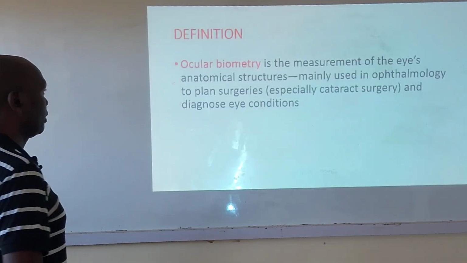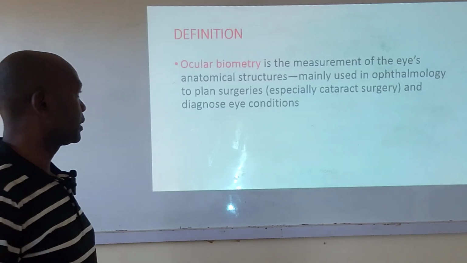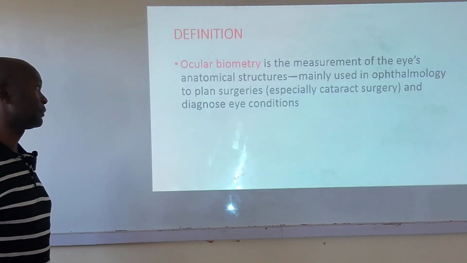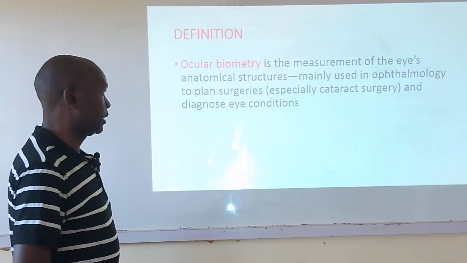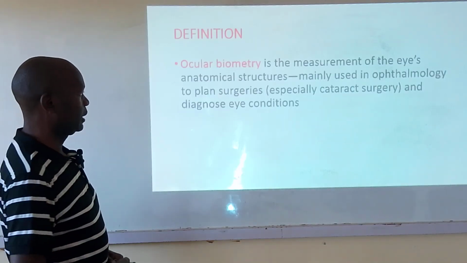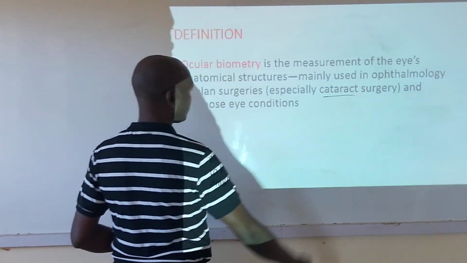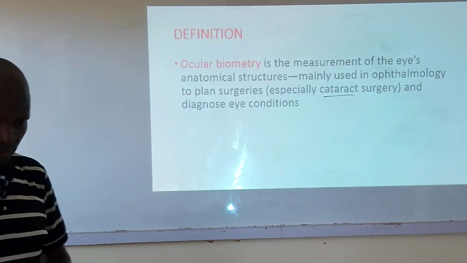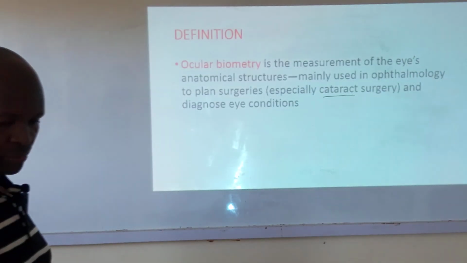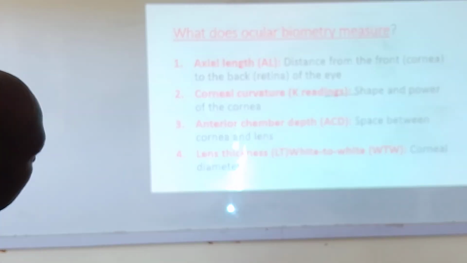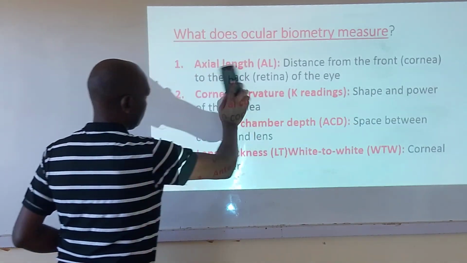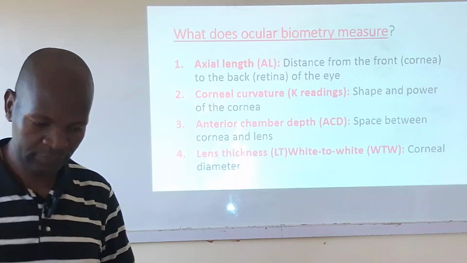So what is ocular biometry? It is a measurement of the eye's anatomical structures, and it is mainly used in ophthalmology to plan surgeries, particularly cataract surgery. Ocular biometry is also used in the diagnosis of eye conditions. So, what do we measure in ocular biometry?